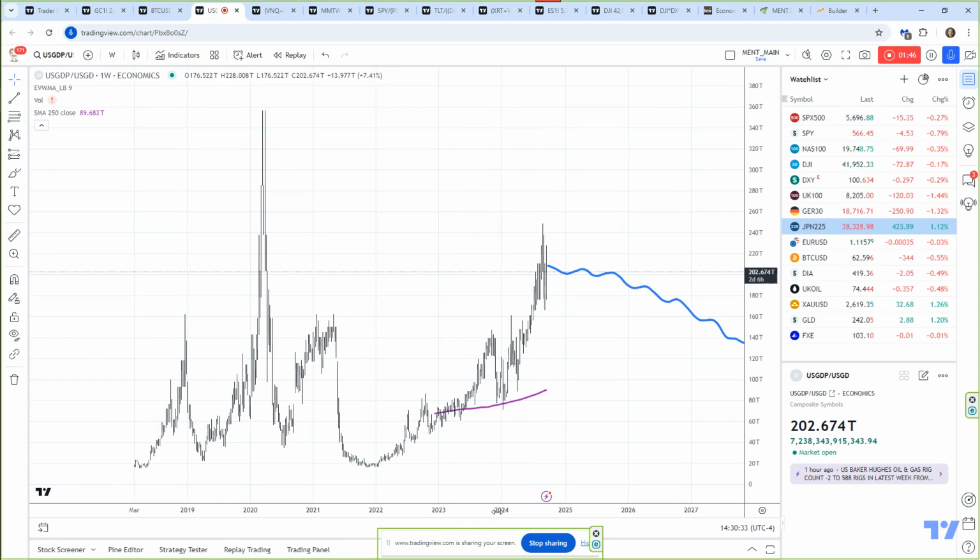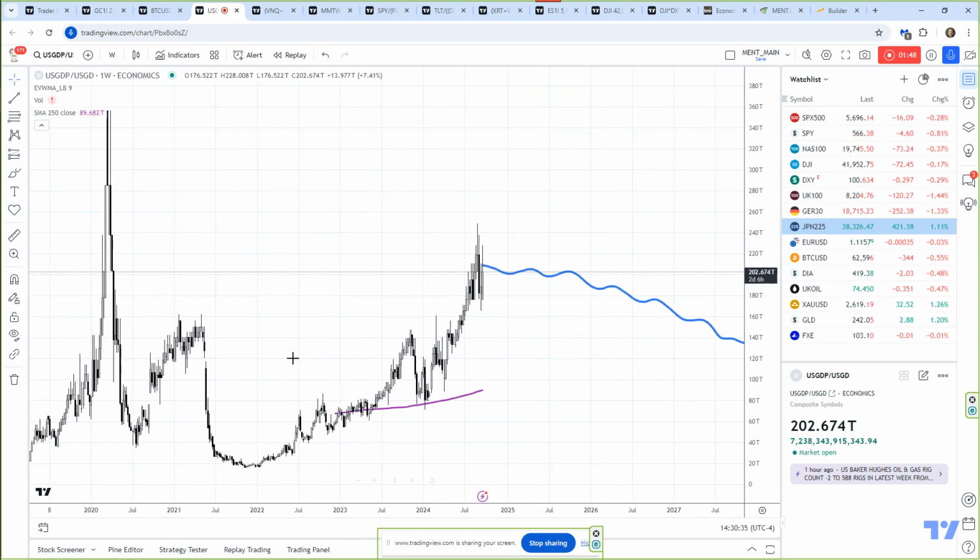Okay, this is GDP to debt. I may have done it backwards. It's GDP divided by debt. So as this increases, this is GDP increasing, as debt continued to spiral out of control.